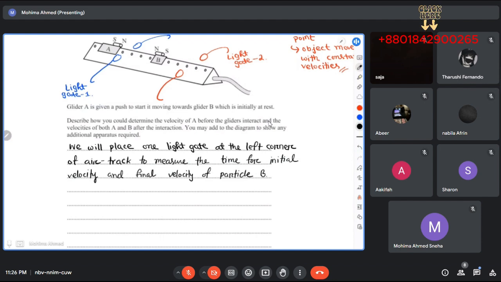Of particle B, we will place one light gate at the left corner of the air track to measure the time for initial velocity and final velocity of particle A. Sorry, made a mistake.